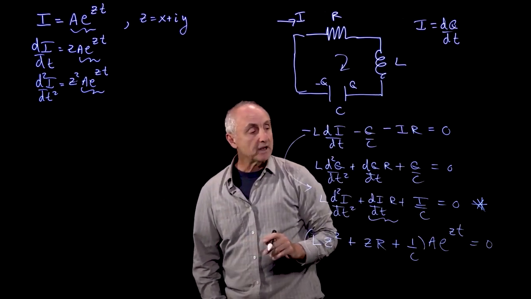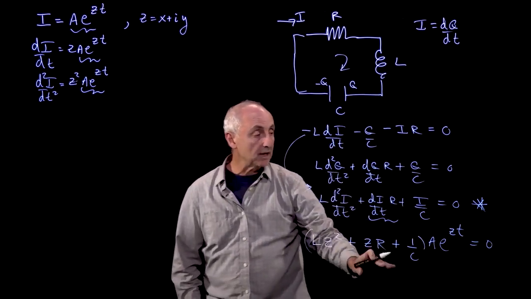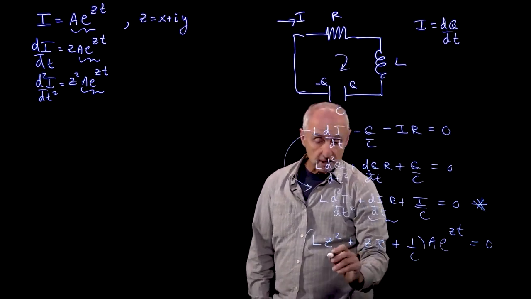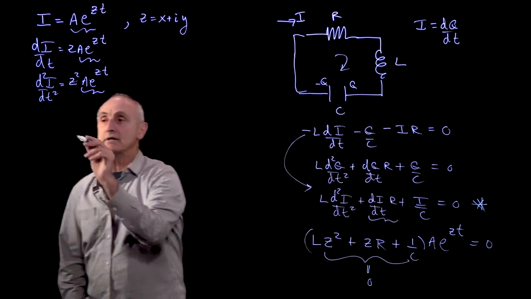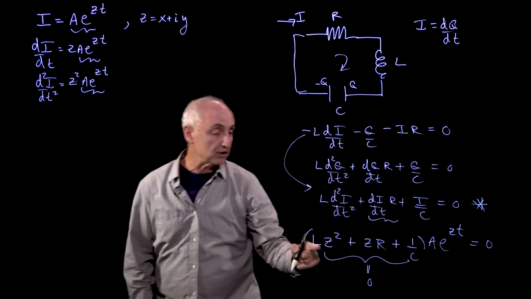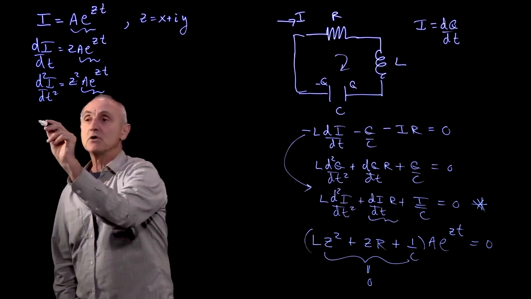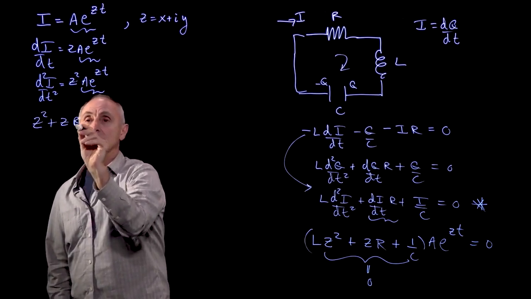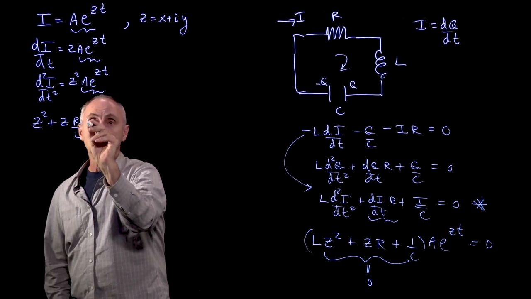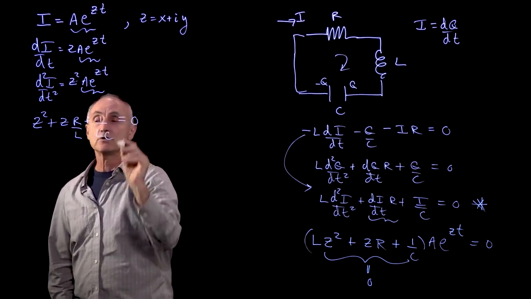Now, what we have here is a complex polynomial, and a solution to this equation is when this term is 0. I'm going to write that characteristic polynomial, as it's called, by dividing by L. And so I get Z squared plus Z times R over L plus 1 over LC is equal to 0.